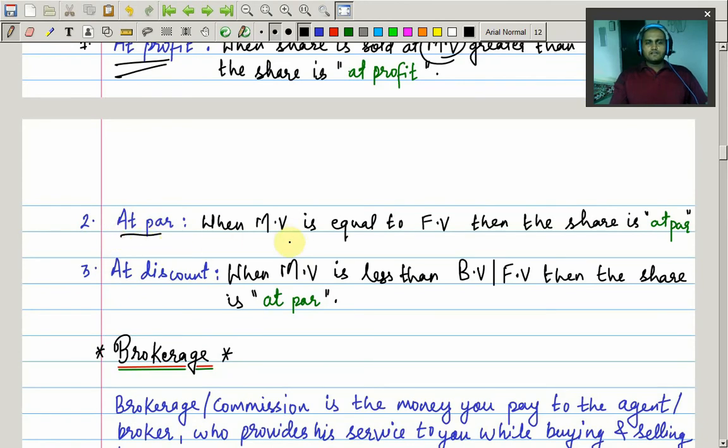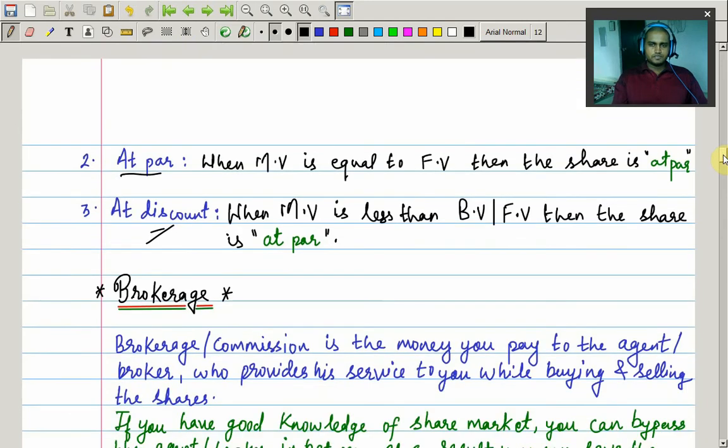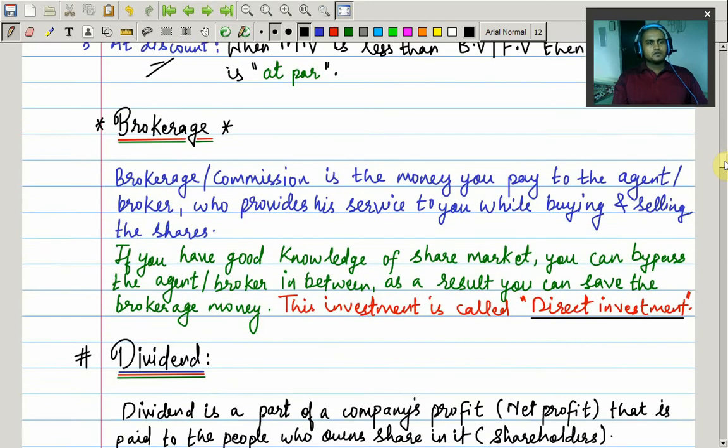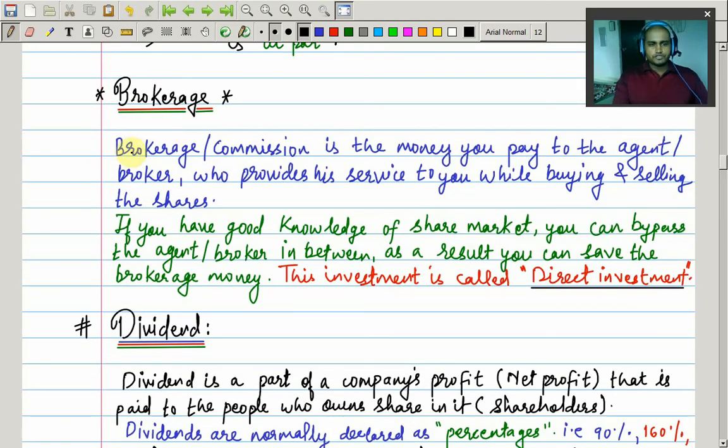At par, when market value is equal to the face value, then the share is at par. At discount, when market value is less than book value, then the share is at discount. Company is in loss.